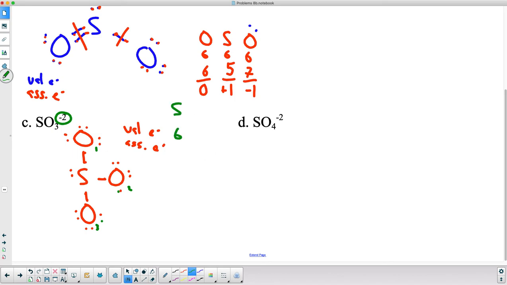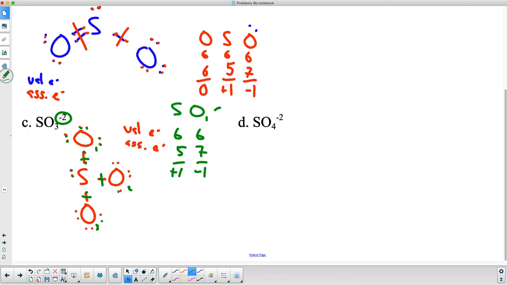Valence electrons is 6. Assigned electrons is 1, 2, 3, 4, 5. The first oxygen is 6 for valence electrons, and 1, 2, 3, 4, 5, 6, 7. So there's -1, there's a +1.